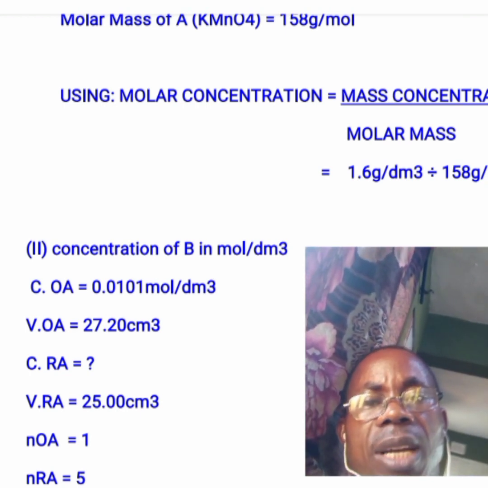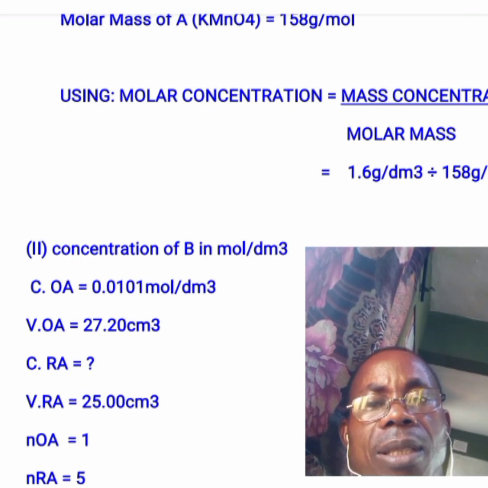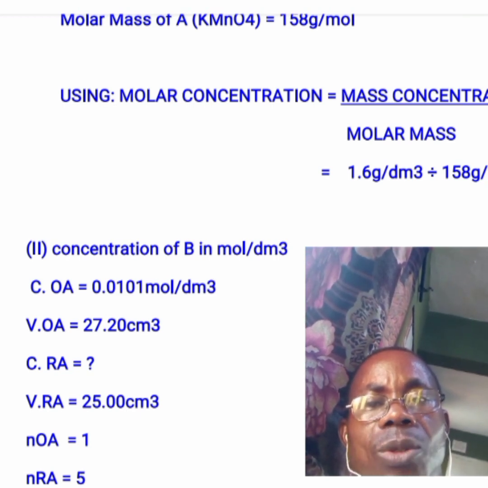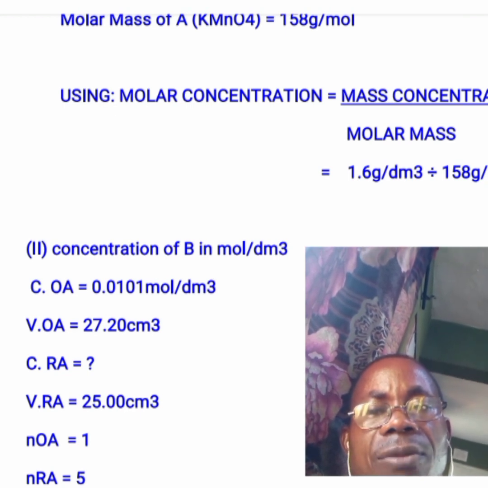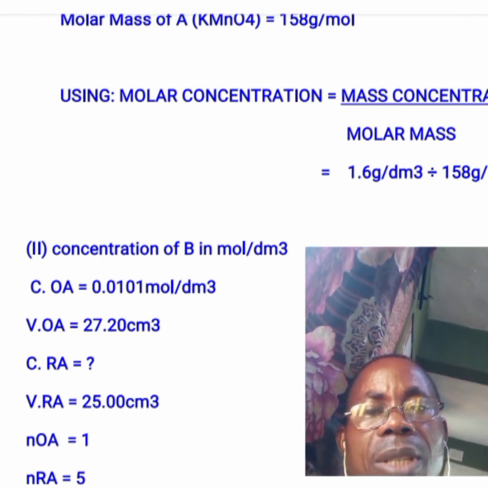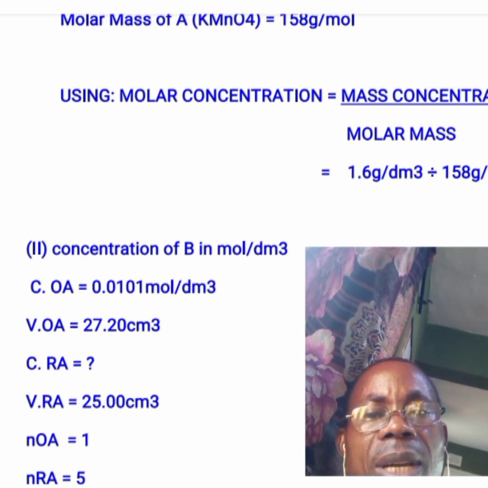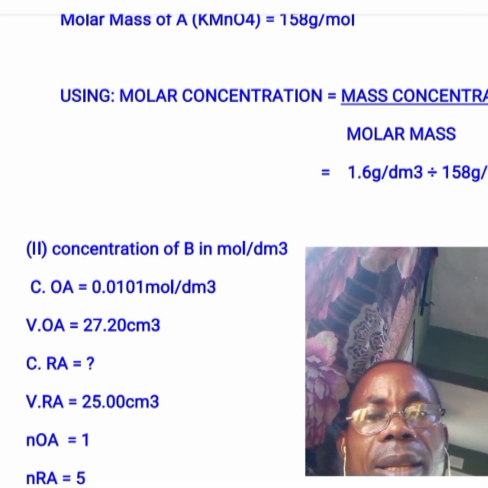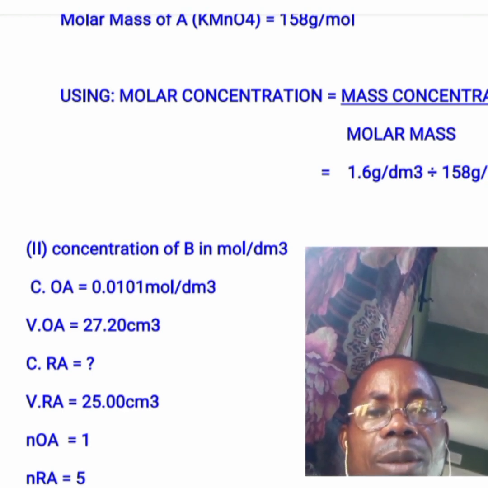VOA is the average titer. CRA is the concentration of the reducing agent, that's the iron 2 in the conical flask. And VRA is the volume of the pipette we used, which is 25 cm cube. NOA is the number of moles of the oxidizing agent in the balanced equation, and NRA is the number of moles of the reducing agent in the balanced equation.